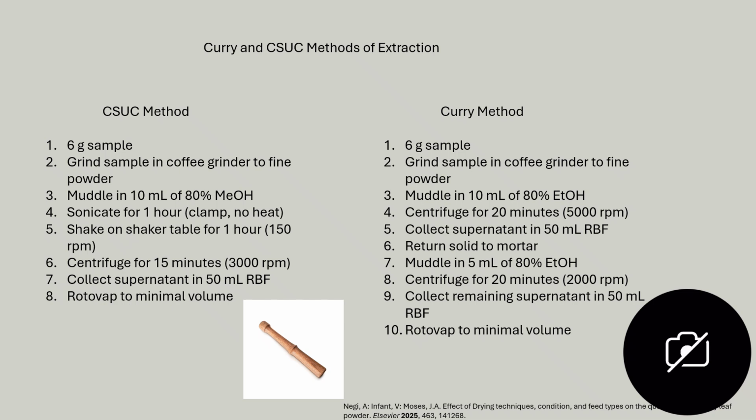We don't actually put it on the shaker or the sonicator, and that saves us some time. So we actually ended up using this curry method more often than the CSUC method. And as you can see later on in the slides, we'll start to see a little bit of a difference between the two. And so we ended up not using the CSUC method for the latter half of the summer.